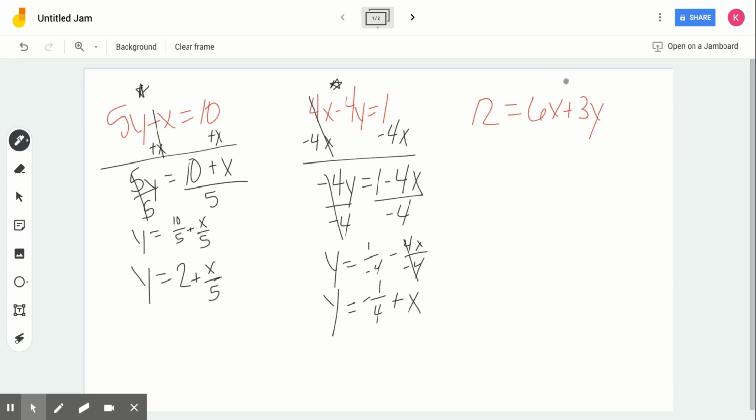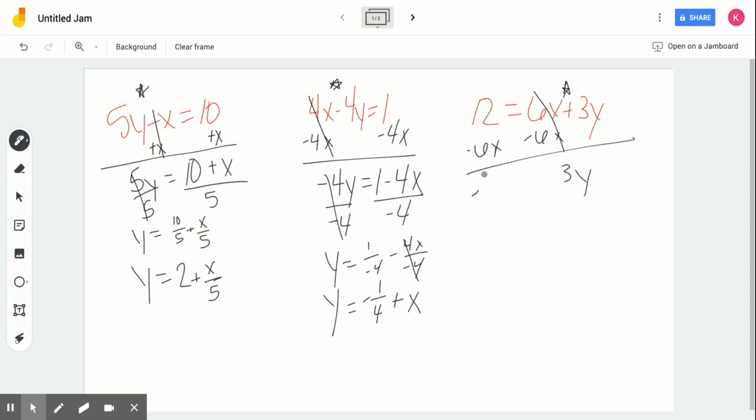Here, the y is on the right side of the equation, so we're going to start over here. Furthest away on that side would be the 6x, and the opposite of 6x would be to subtract it. Again, keep in mind that you cannot subtract these two terms because they are not alike.